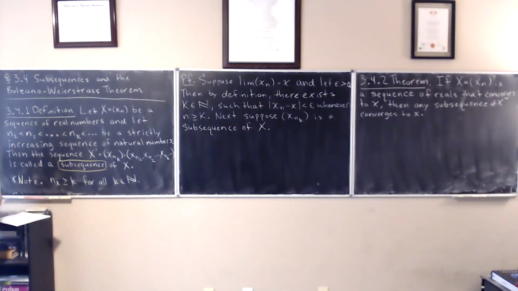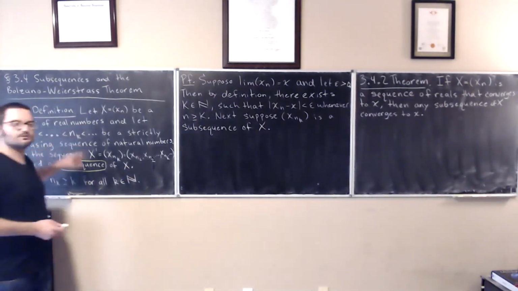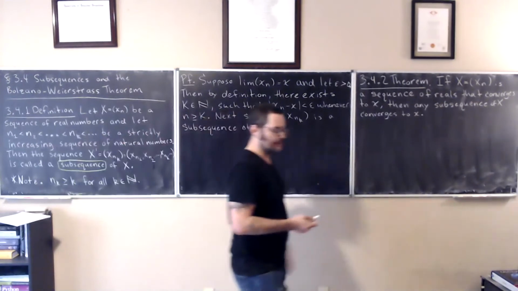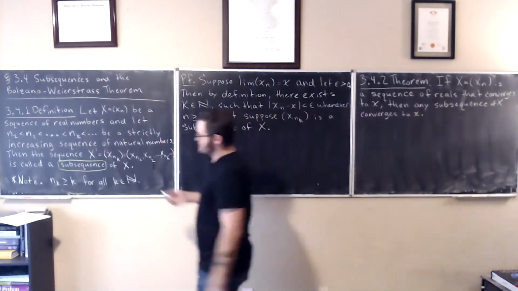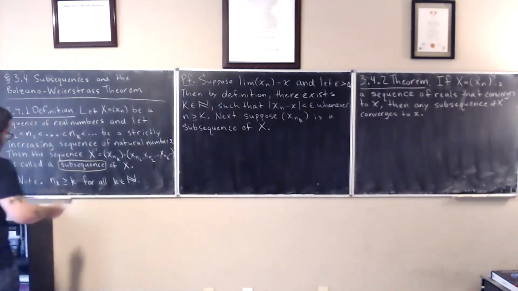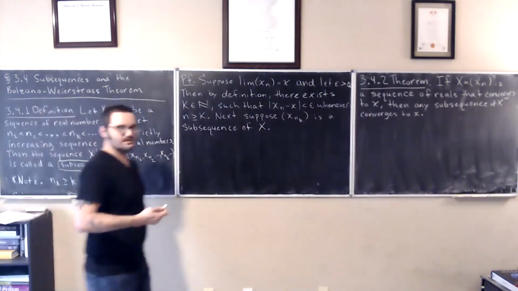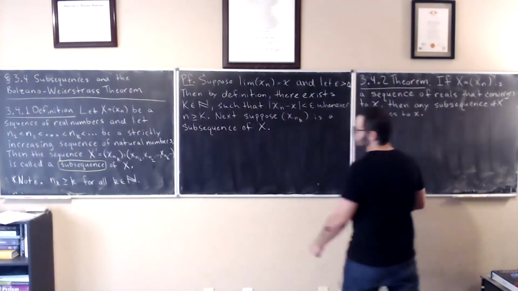So like n1 is greater than or equal to 1, n2 is greater than or equal to 2, nk is greater than or equal to k. It's something that you should technically prove, and you can prove that by using induction, but it is true.